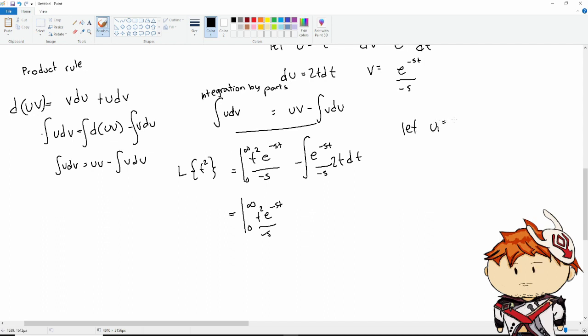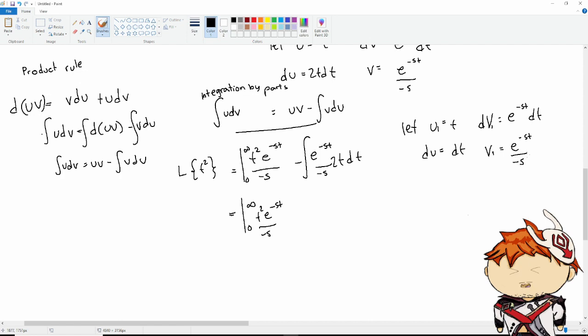Let u1 equal t only, then du1 is equal to dt. dv1 is equal to e to the negative st dt, so v1 is equal to e to the negative st over negative s.